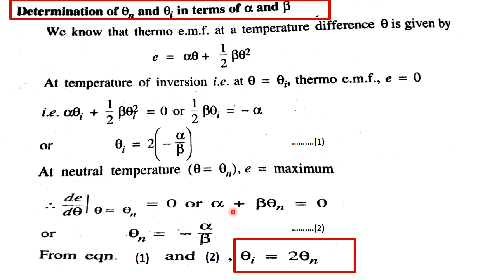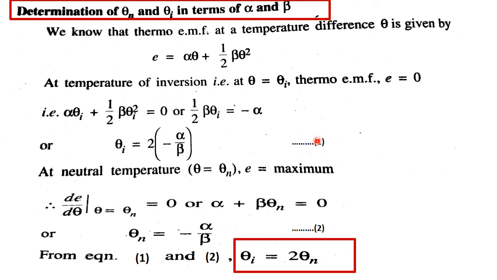When I differentiate this equation, I get α + βθ = 0. Replace θ by θn and calculate the value of θn, which comes out to be −α/β. Let us consider this as equation number 2.